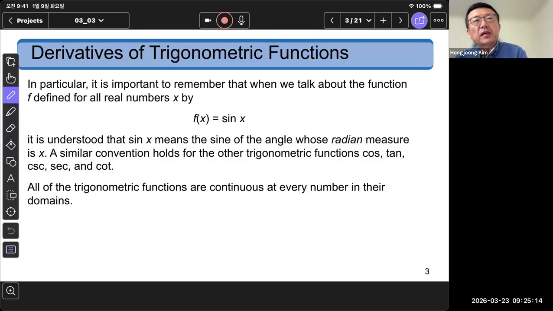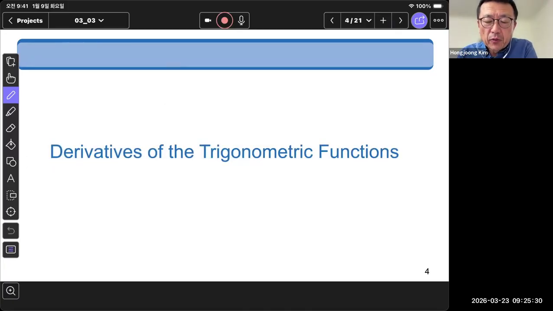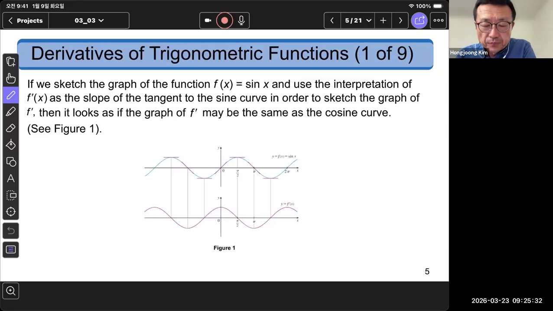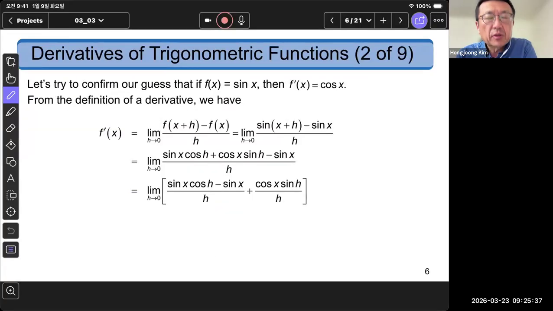Anyway, let us consider the differentiation of trigonometric functions like sine x. So I want to consider the differentiation of the sine function, and first I want to use the definition of the derivative of a function.